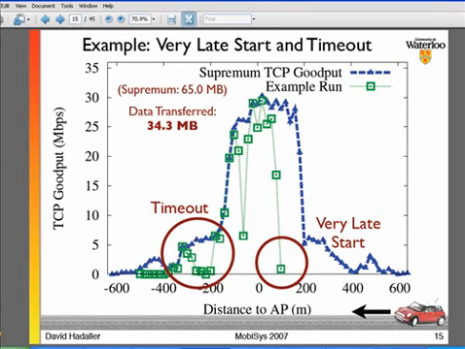Now suppose that SYN request is lost, and the timeout for the SYN is 2 minutes. Before another SYN request is made, the car is traveling at a high speed. It will come close to the access point, and before another SYN request is made by the TCP connection, the car will have almost passed the production phase.